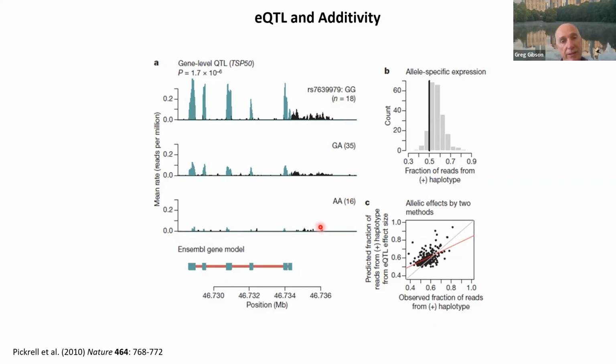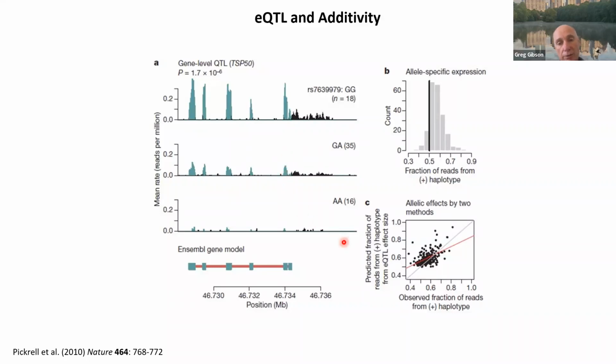Now, the other thing they did at that locus was look at these 35 GA heterozygotes and look in the coding region. Within one of these exons there's a SNP, and they can ask what's the ratio of read counts between the G allele and the A allele in the RNA-seq pileup.